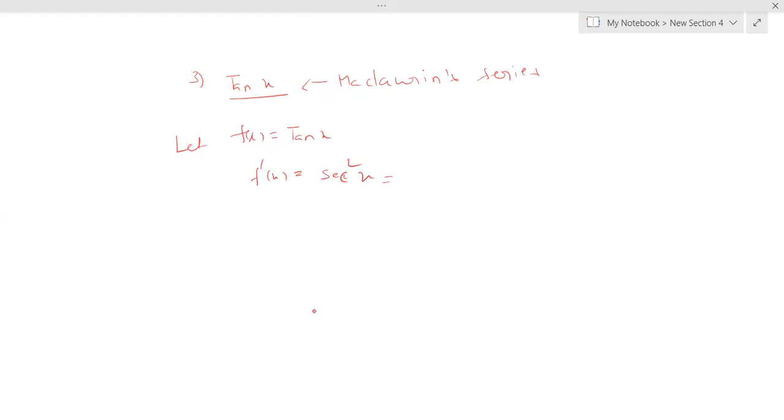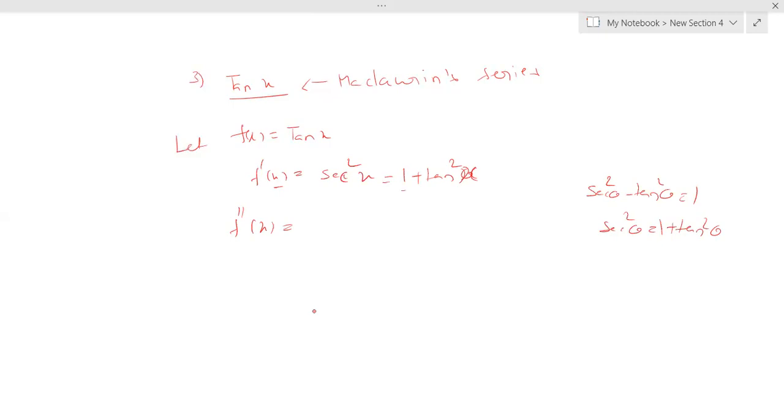Secant square theta minus tan square theta equals 1, that means secant square theta equals 1 plus tan square theta. So f dash x is 1 plus tan square x. Next, f double dash x, not theta, x, because on the left hand side we take the variable x, so the right hand side also has the same variable.